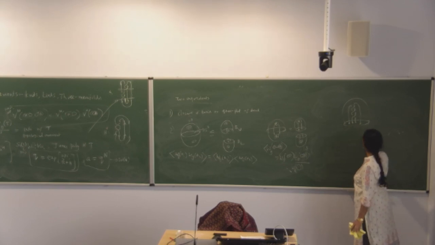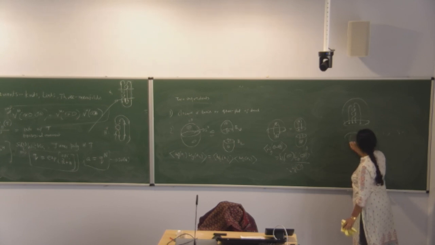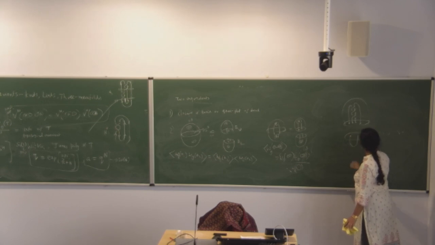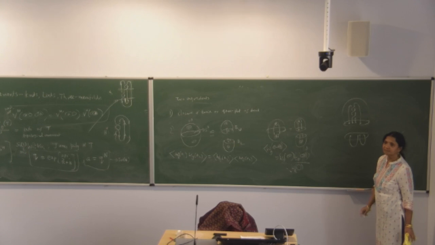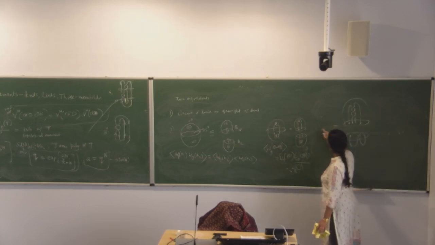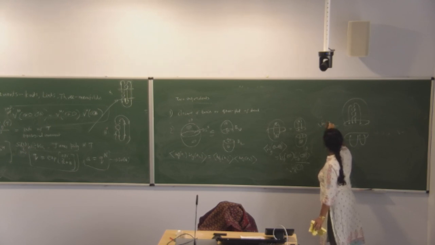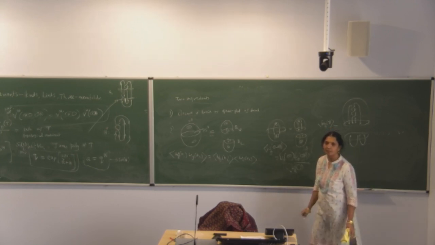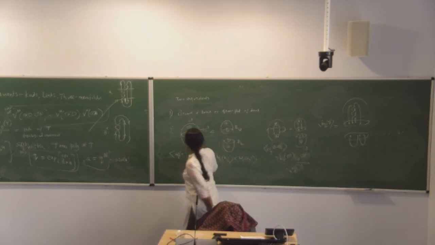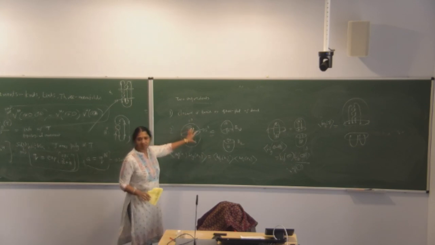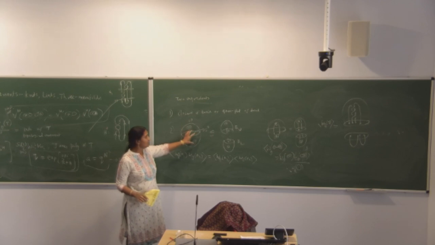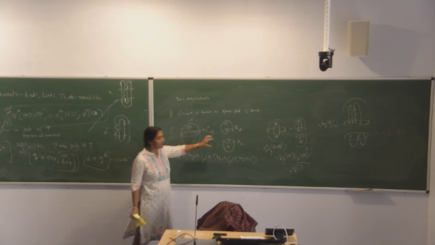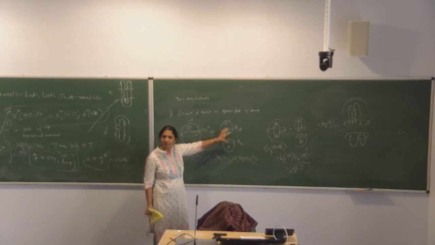4 punctures. Okay, so if I glue this, I should be able to get... every knot in S3, I should be able to see it as a gluing of two 3-balls with oppositely oriented S2 boundaries.